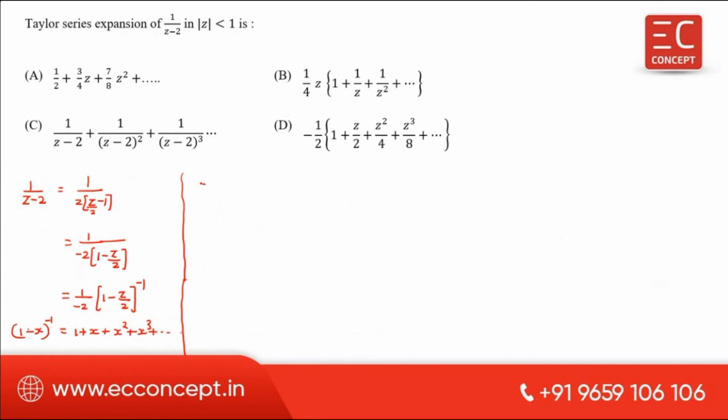Therefore minus 1 by 2 common, then 1 plus Z divided by 2, that is x, plus Z square divided by 4 plus etc. Therefore, a very simple question, answer D is correct.